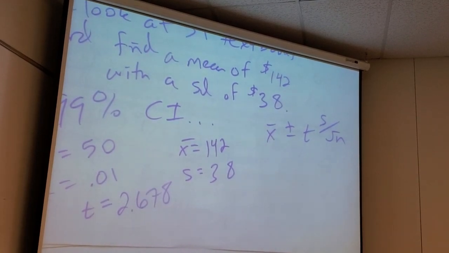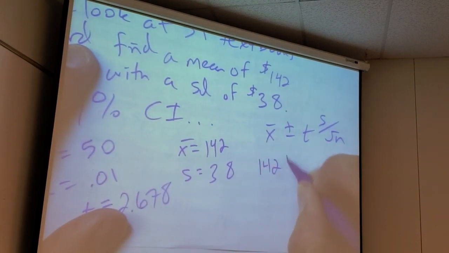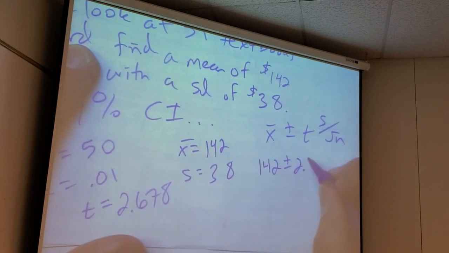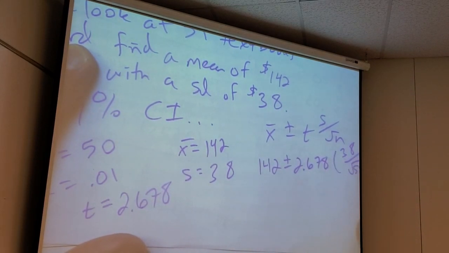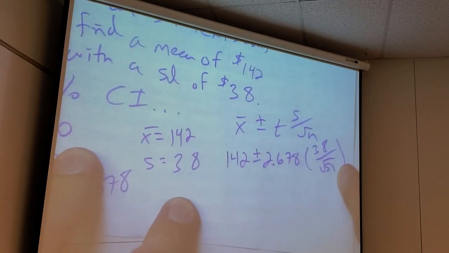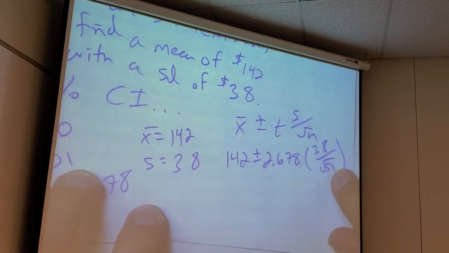All right, let me catch up to you guys. 142, give or take 2.678 times 38 divided by the square root of 51. And again, it's a really common mistake to put the degrees of freedom here. If you do that, I'm not going to take points off because we're all human, but it's got to be the full N there.